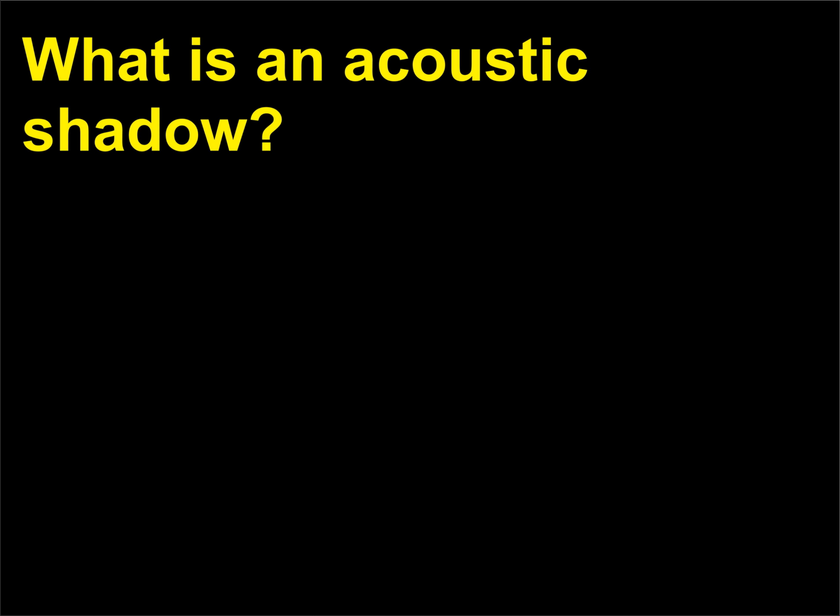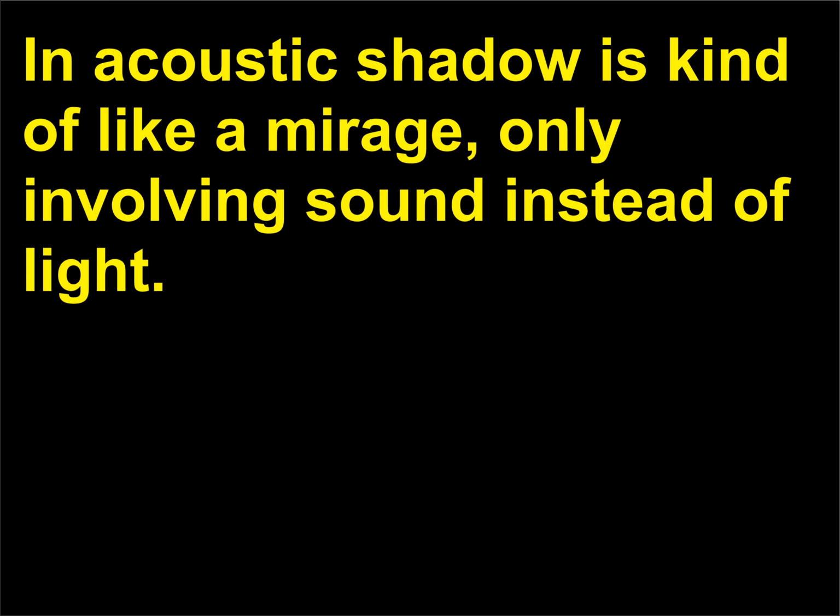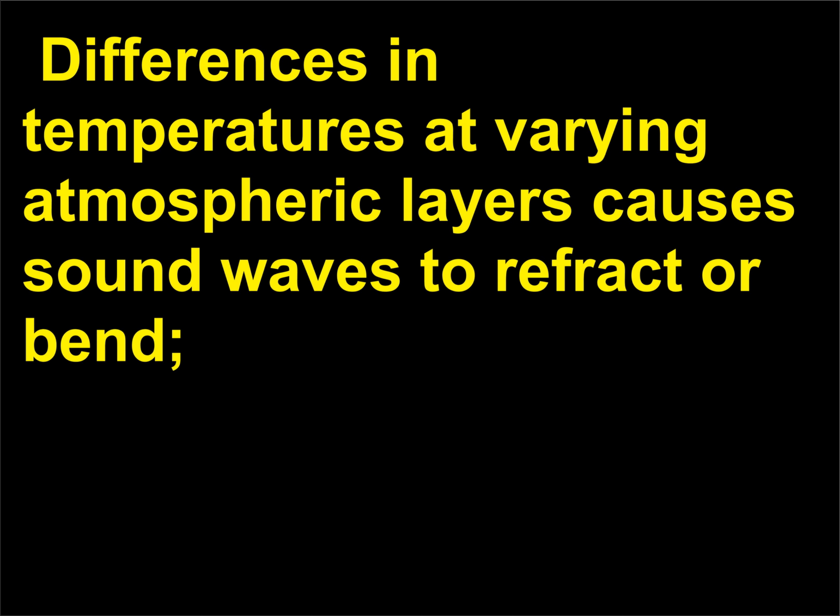What is an acoustic shadow? An acoustic shadow is kind of like a mirage, only involving sound instead of light. Differences in temperatures at varying atmospheric layers causes sound waves to refract or bend.